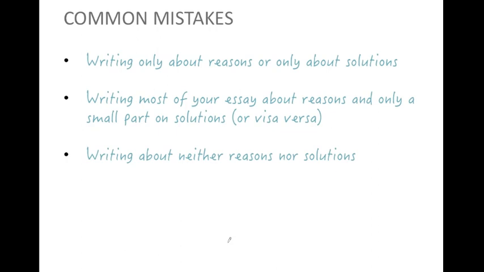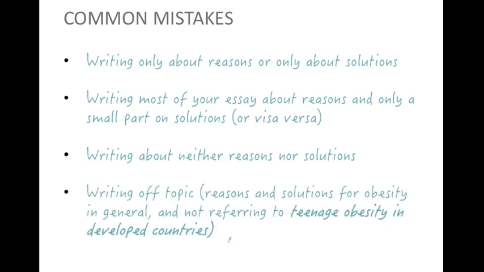Or some of them are neither writing about reasons nor solutions. So you need to avoid these mistakes. Or some people just write off topic, so they might write about diet plans or weight loss programs or something. I'm just making it up right now, but if you write off topic, if you don't focus on the main topic of the question and address each specific part of the question, you will lose marks, and those are the common mistakes that most candidates make.